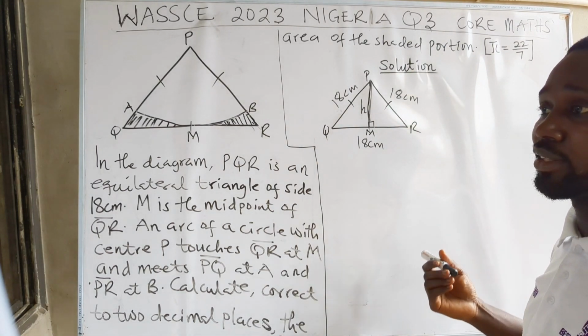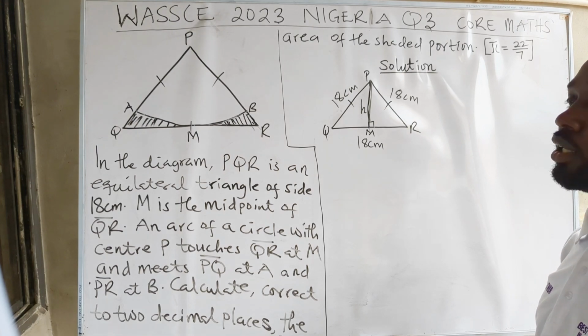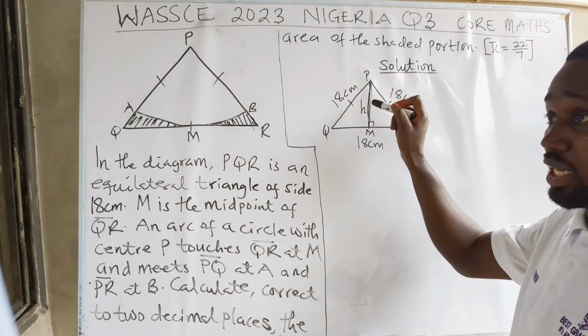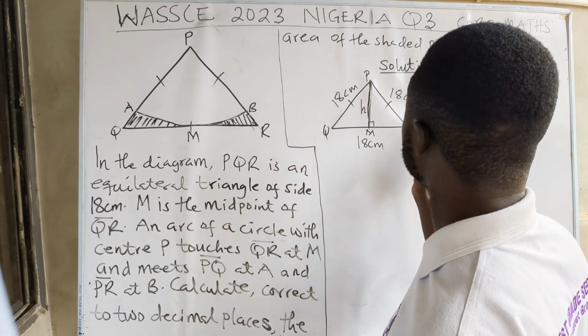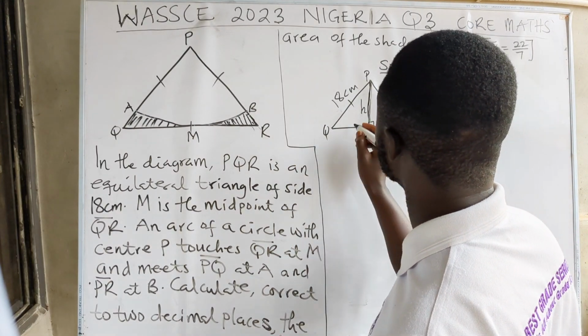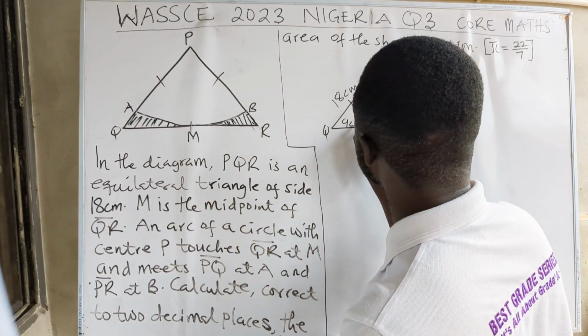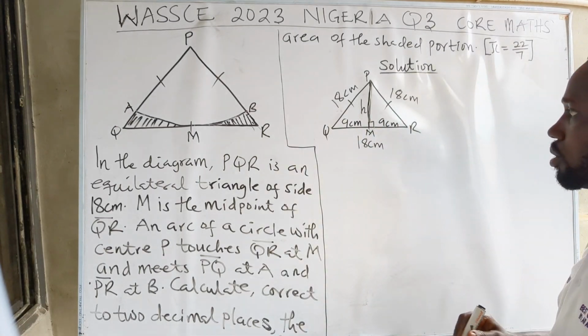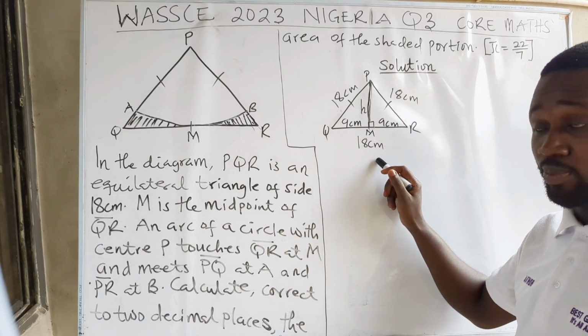When we find the height, then the area of the triangle we know is half base times the height. We know the base, we need the height. Since it divides the base into 2, here will be 9 centimeters and here also 9 centimeters. Is that not so? So 9 plus 9 gives us this particular 18 here.